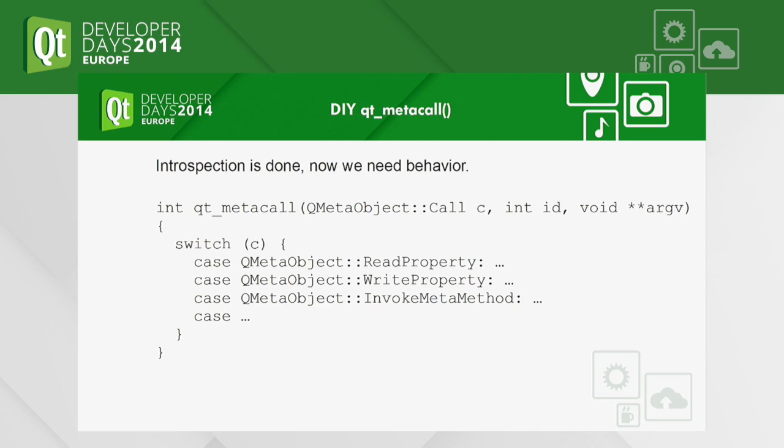If you call setProperty on a QObject, you end up there, and we have to store it somehow or pass it on to whatever we are actually representing here. And then the somewhat more complex one is invoke meta method. That's where we end up if you call invokeMethod or if there's an incoming signal that is connected to one of our slots. So this is basically to handle method calls.